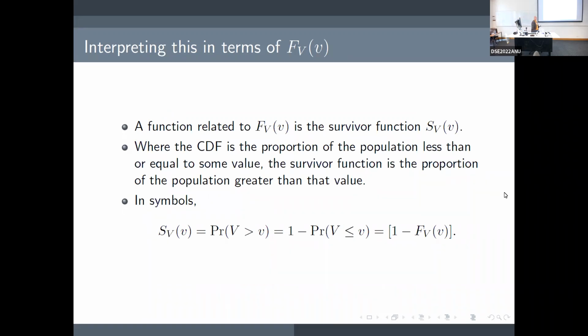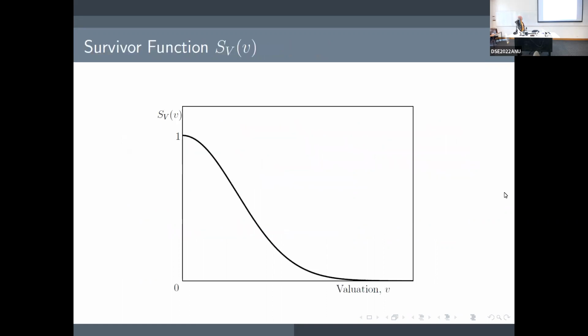Let's suppose the price is V. Well, it's the sample in the right tail of the distribution. Everybody in the left would not buy. And so it looks like that.